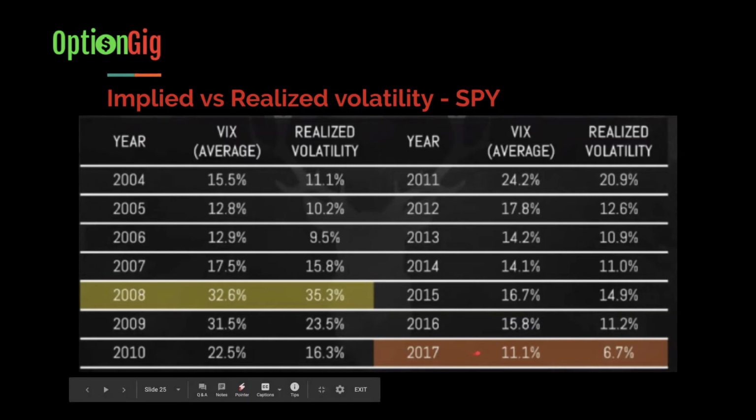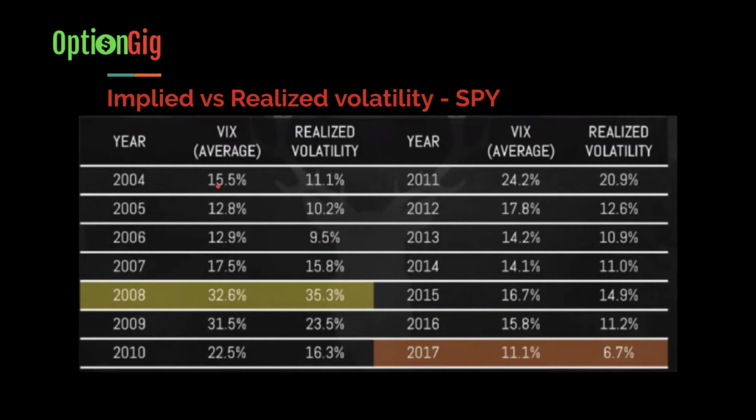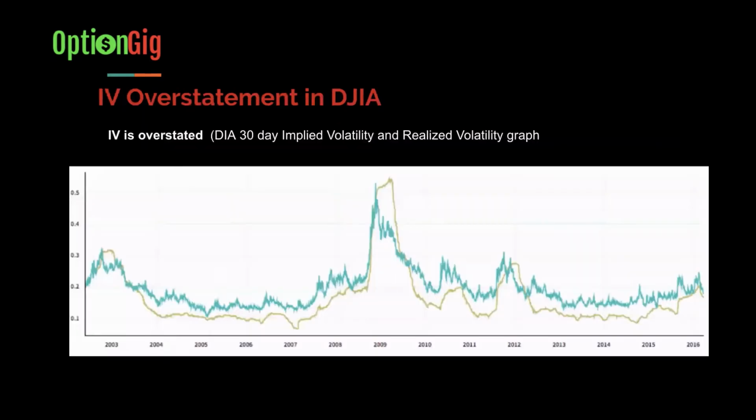But over a longer period of time, there is always fear, and the implied volatility represented by VIX is always overstated. So we do have empirical proof of overstatement of risk in the market.